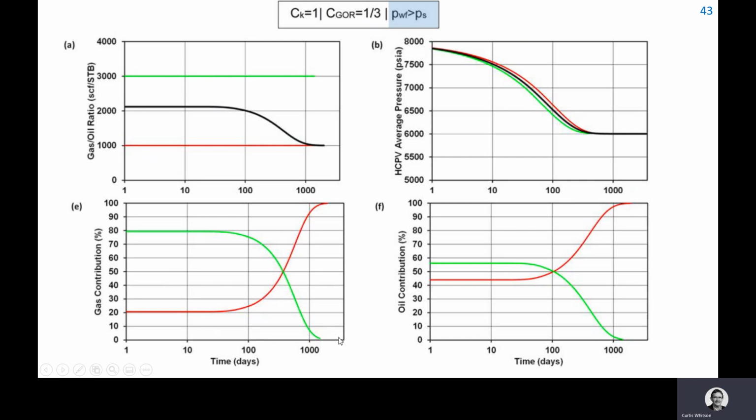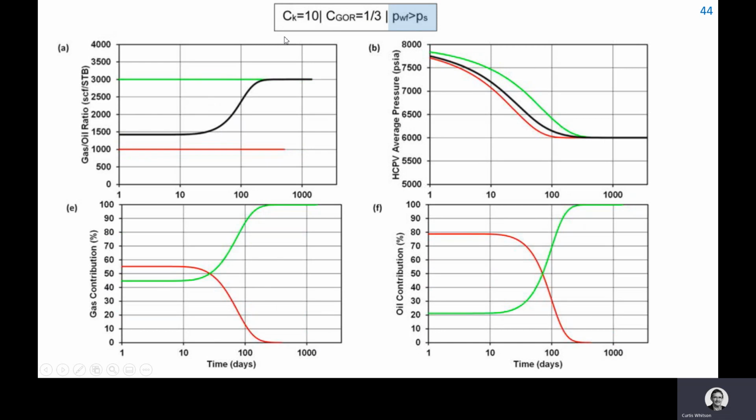Down below, we can look at the contribution of the stock tank oil being produced at a given time, which percentage is coming from layer 1 or layer 2, and how that changes over time. Likewise for the surface gas production.